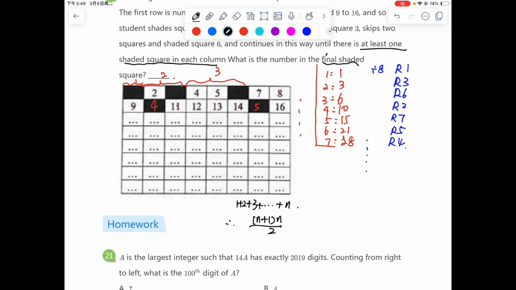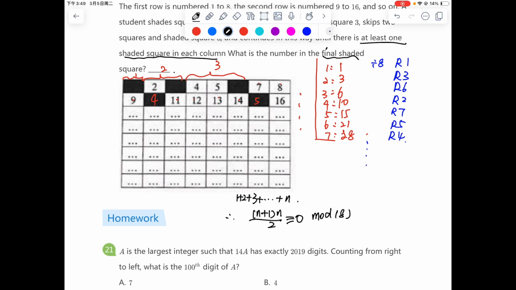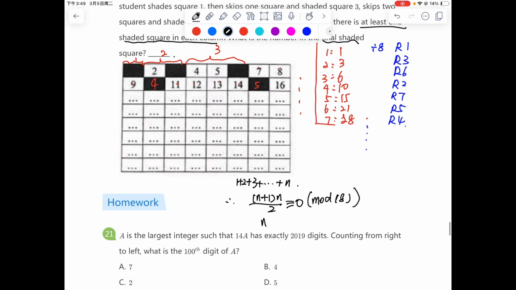So we need this to be 0 mod 8, which means n plus 1 times n should be 0 mod 16. So we can find n equals 15.